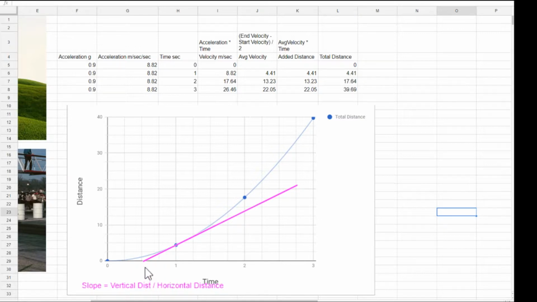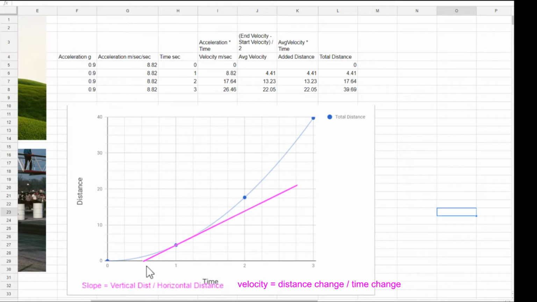All right, we're starting here just after 1/2 second. See, these minor divisions are at quarter-second intervals. So we're starting out just after 1/2 second. Now, in order to measure the slope, what I've got to do from the definition down here is figure out the vertical distance and then divide it by the horizontal distance.